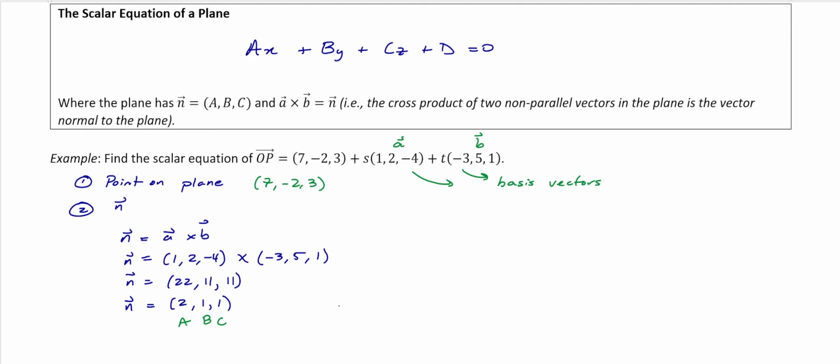So what I'll just write here is therefore 2x, that's my a value, plus 1y, well, that's my b value, so I'll just write y, plus c, and I don't know what d is yet.